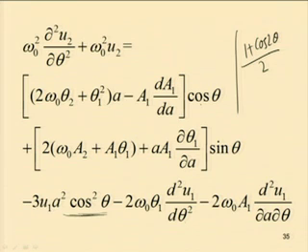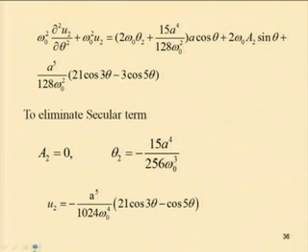To eliminate the secular term, we have to substitute this part equal to 0. Similarly, we have to substitute this part equal to 0. So, by substituting this equal to 0, we can obtain this. This is the equation after simplification.